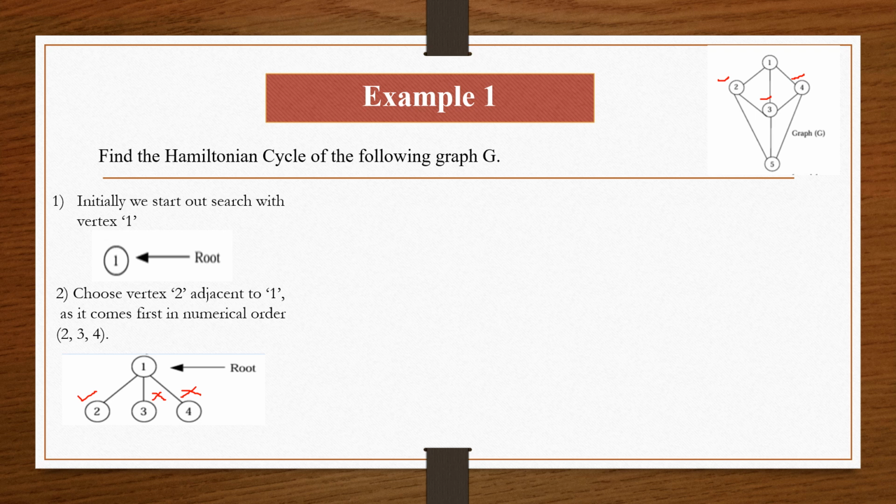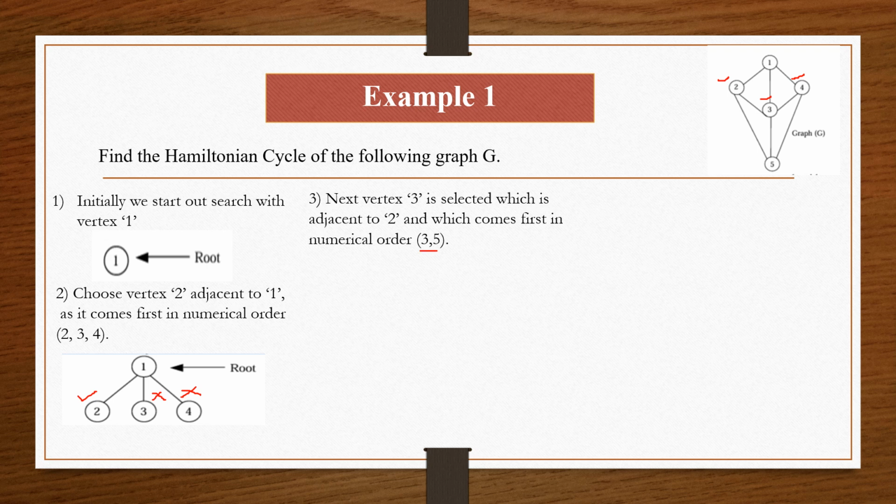So from 1, I am exploring 2. 2 is connected to 1, 3 and 5. But 1 is already visited, it is the root node. So I will leave 1 and start exploring 3 and 5 as adjacent nodes of 2. From 2, 3 and 5 are the possible options and now I am exploring 3 and not 5 as we follow depth first.